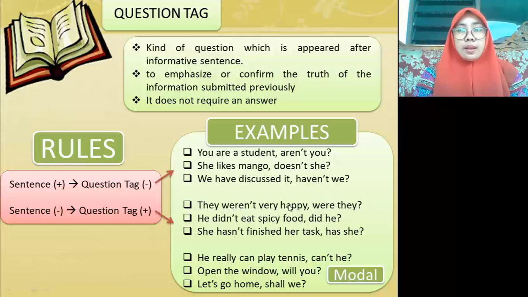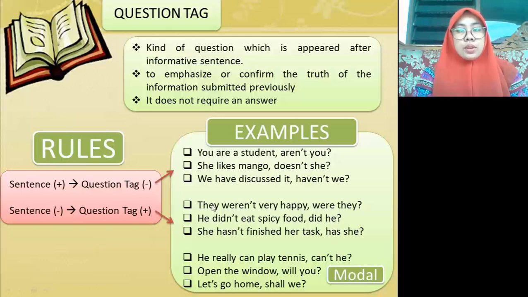The same as the second example here: he didn't eat spicy food. Didn't is negative, so the tag must be positive. Did, you can delete or skip the word not here, so it becomes did he.